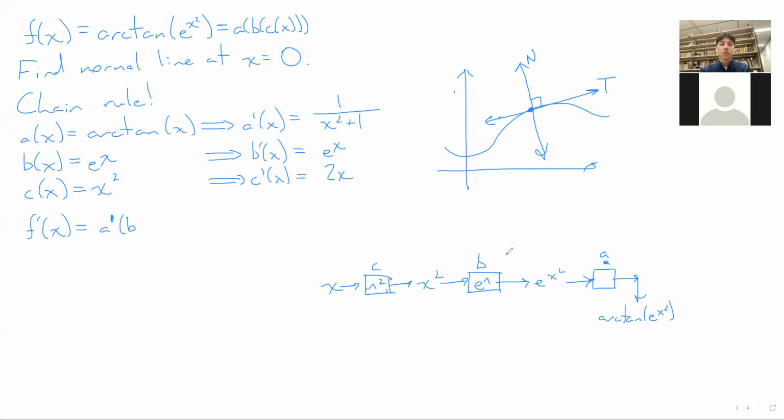It's e to the power x to the power 2, or in the language I'm going to use right now, it's actually B of C of x. Yep, that's the first layer of the chain rule. What's the next layer going to look like? The derivative of B, but what's the input to B? It was actually what came out of C. And then the final layer is going to be C prime of x.